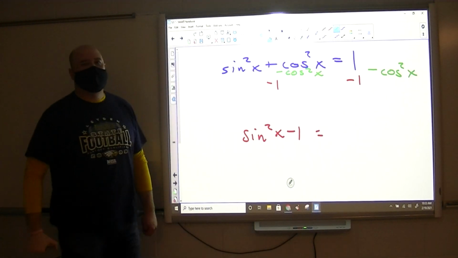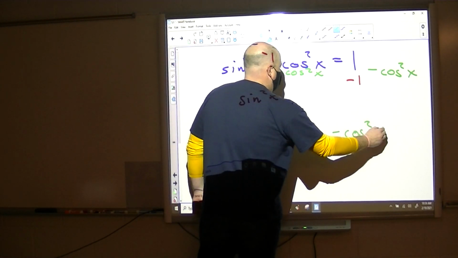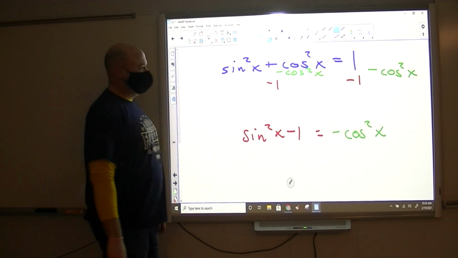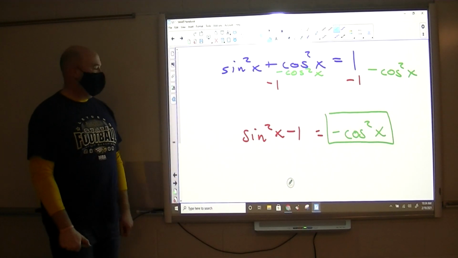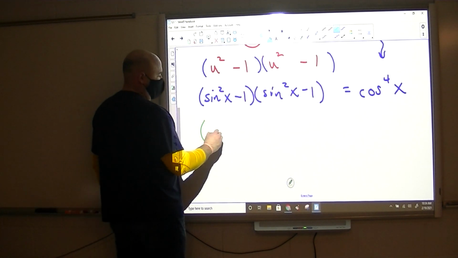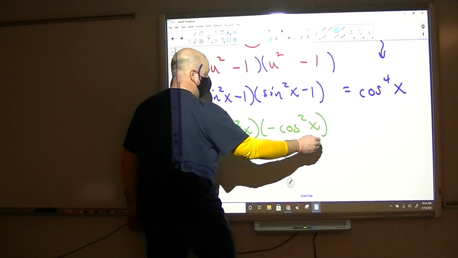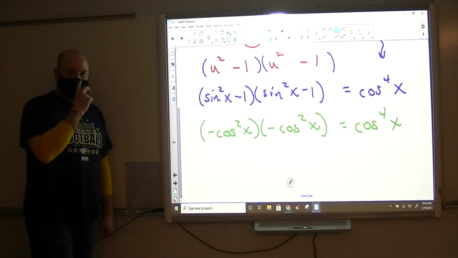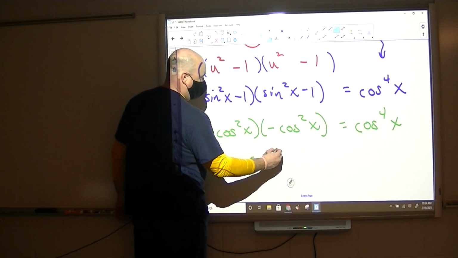And I realize I'm doing both of those at the same time, but I'm getting rid of the 1, but bringing over a negative cosine squared x, like so. So this is equivalent to this. And when I come back into my proof, now I have negative cosine squared x equals positive cosine to the fourth x. And a negative times a negative is a positive. So there you go.